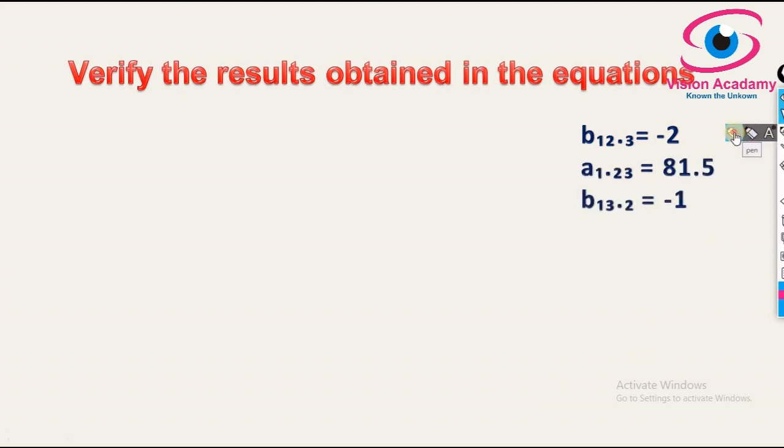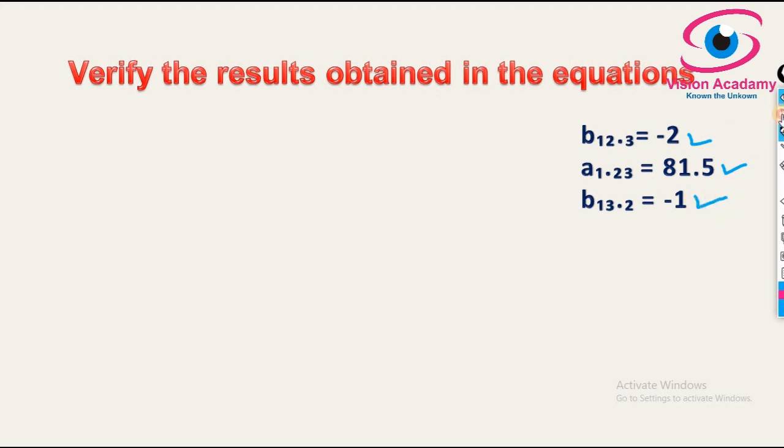Let us verify the result then. If it is verified, then this is the desired equation. So we have obtained three values: B12.3 is minus 2, A1.23 is 81.5, B13.2 is minus 1.